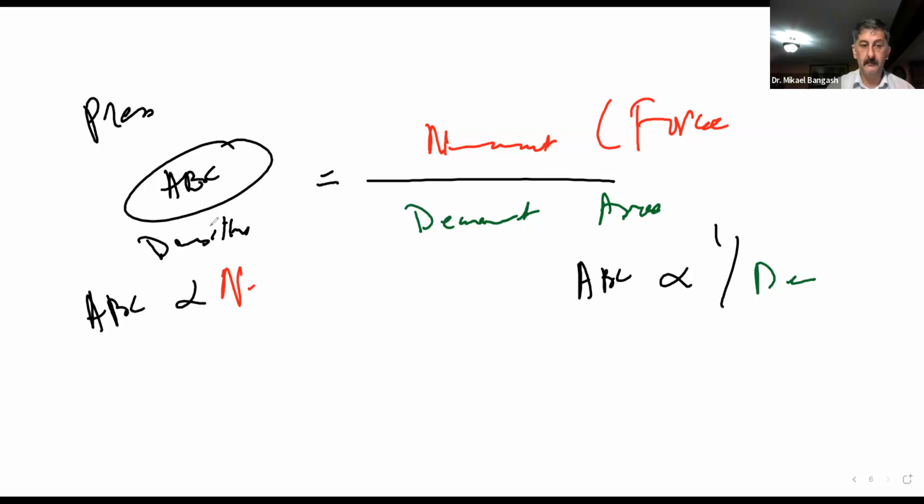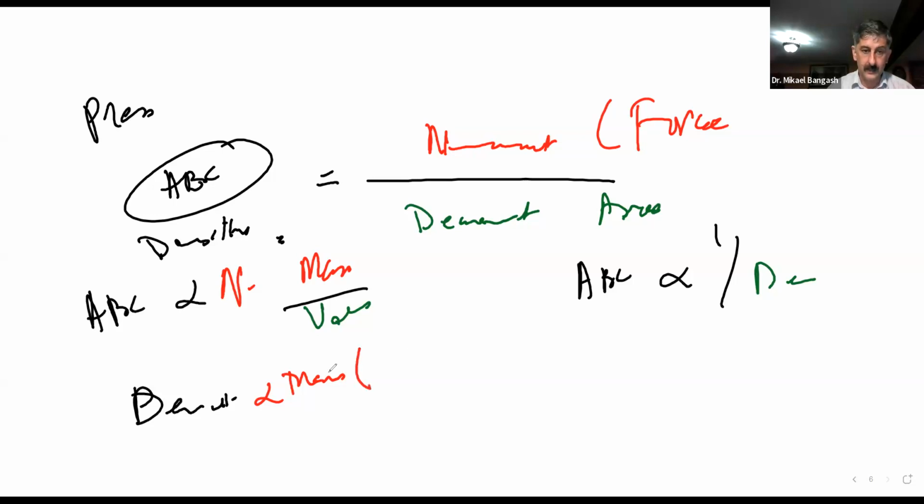We could take another ABC, density, which is mass by volume. We can say that density is directly proportional to mass.